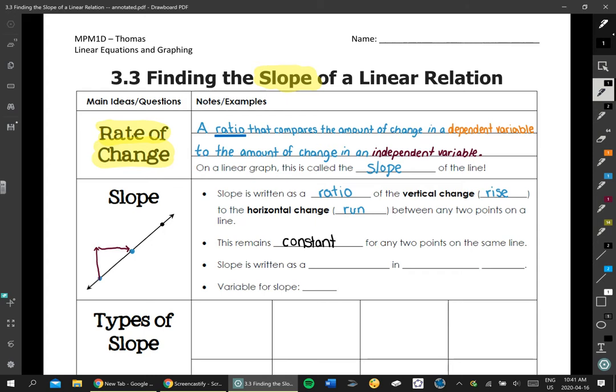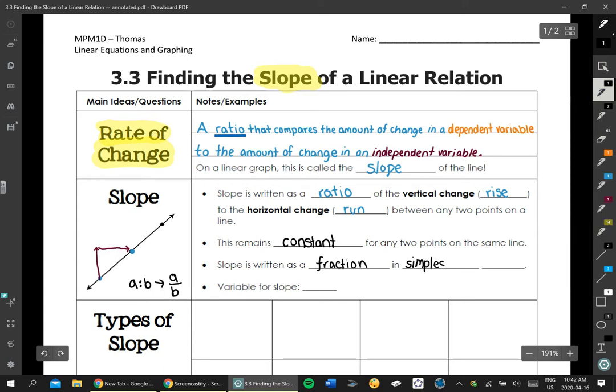So instead of writing slope as a ratio of A to B, like we sometimes see, we write slope as a fraction, where we have A over B. So slope is written as a fraction, with the vertical change to the horizontal change, and it's written in simplest form.